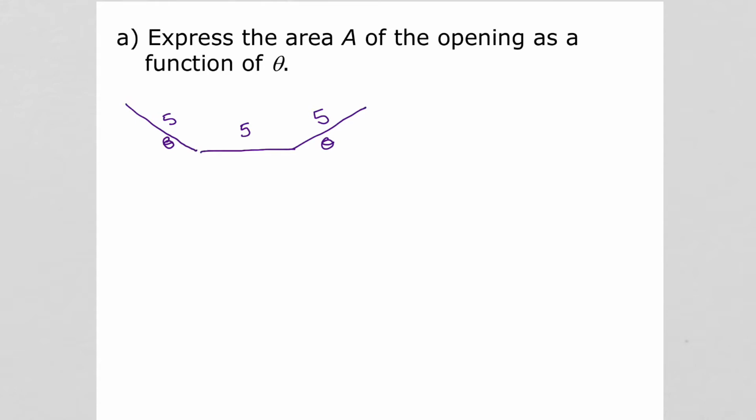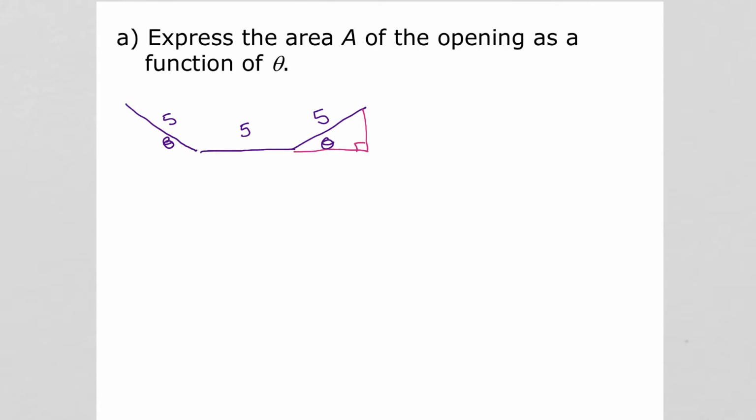And what I'm going to do is take this piece over on the left and make it into a right triangle just by dropping straight down. Actually, no, I'm going to do it over on the right because that's what I've got in my picture on my paper. There we go.